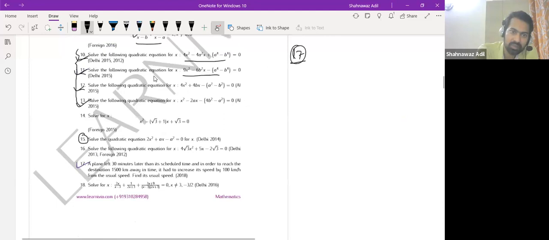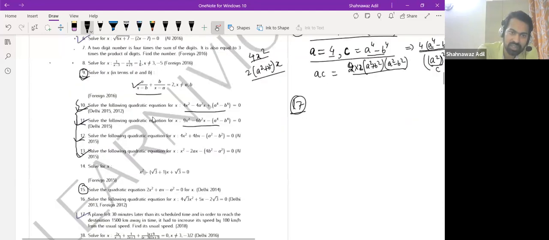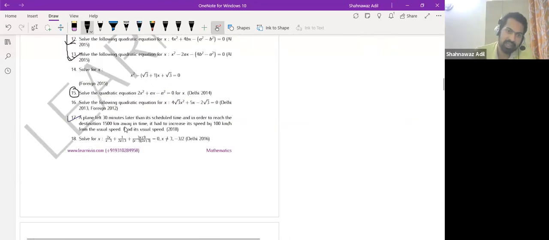Okay, let us come back to what we did. So the 17th one. A plane left 30 minutes later than its scheduled time, and in order to reach the destination 1500 kilometers away in time, it had to increase its speed by 100 kilometers per hour from the usual speed. Find its usual speed.